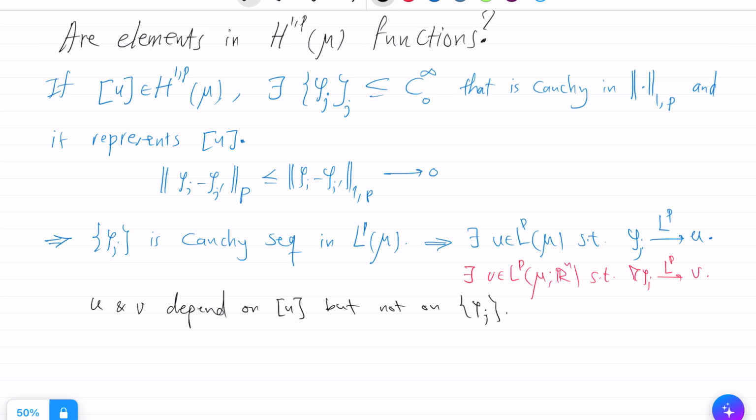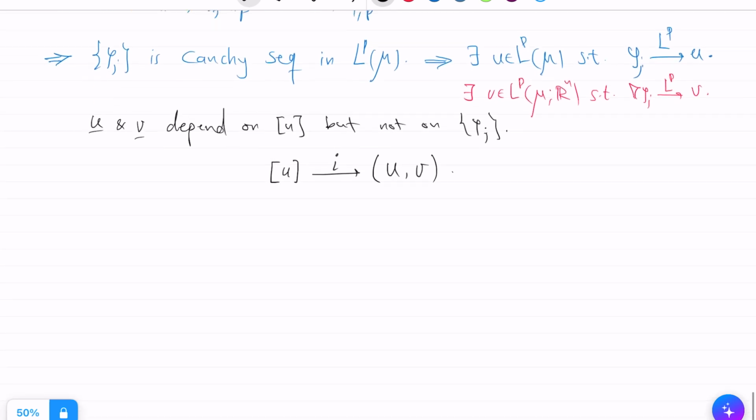So you can see that this U and V are unique. So there is this function which takes this element in H1p to this pair U and V.